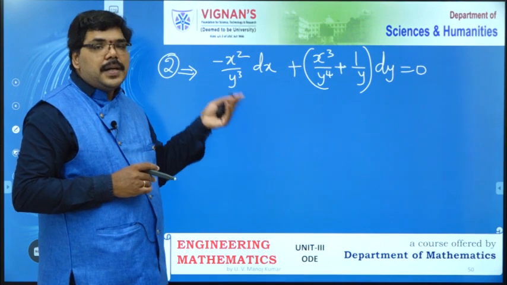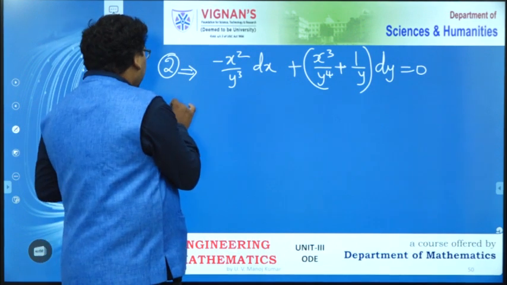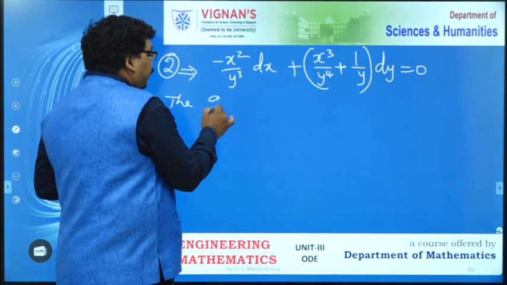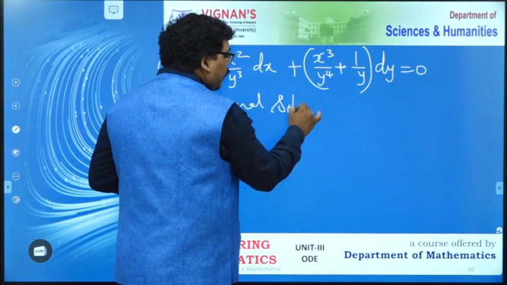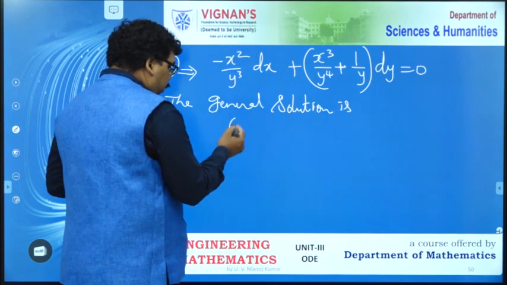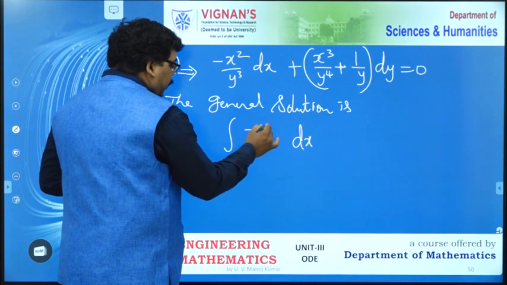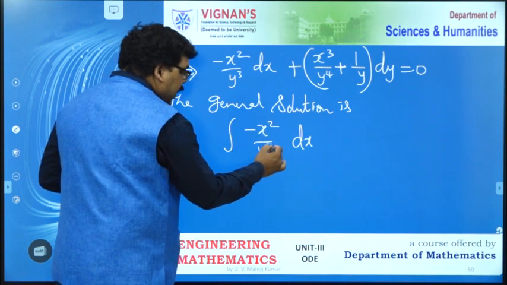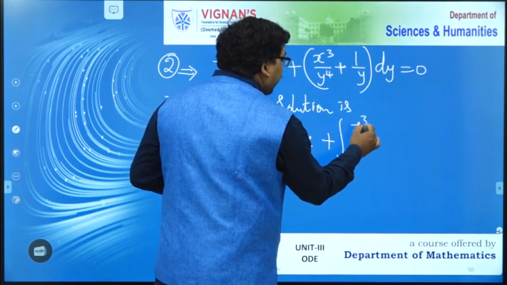We will apply the general solution of exact to this. So what is the solution? The general solution is integral M dx plus integral N dy.